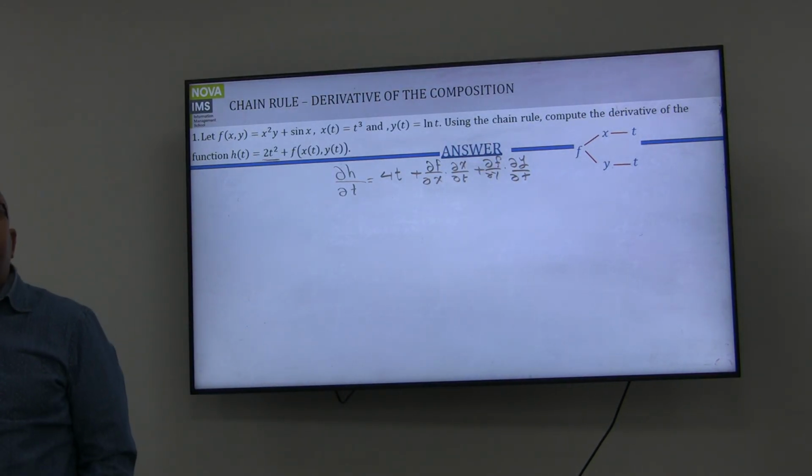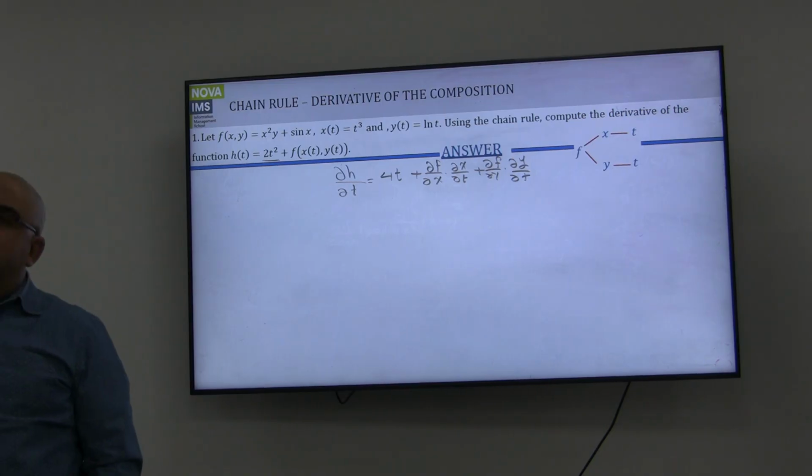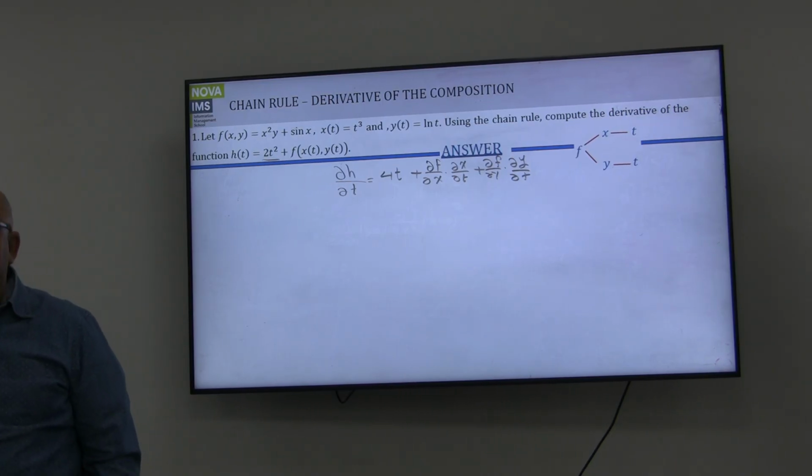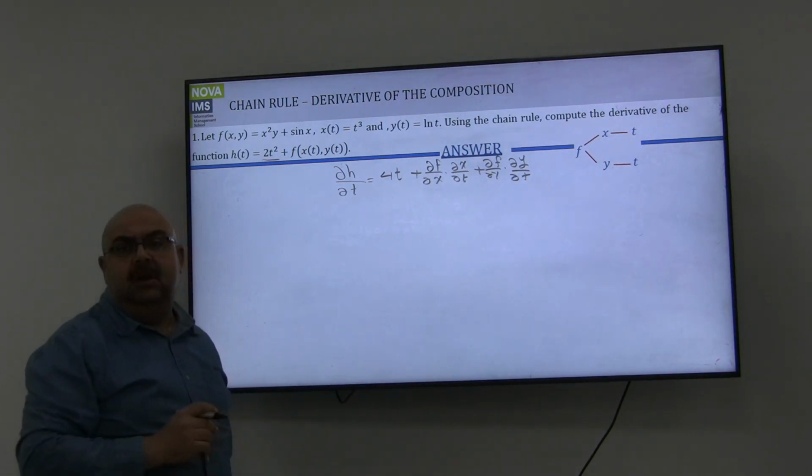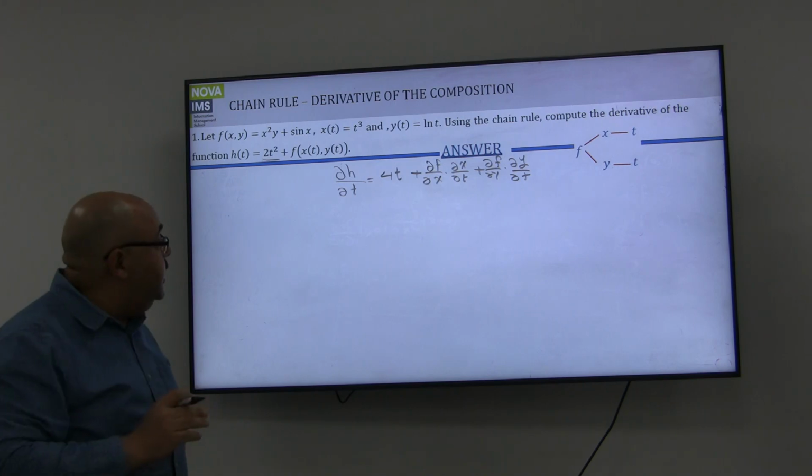I will differentiate f first with respect to its variables, which means I'll differentiate f with respect to x plus with respect to y. Then I will put the junction that will connect the derivative with respect to x to the derivative with respect to t. This is why I'm doing partial x partial t.